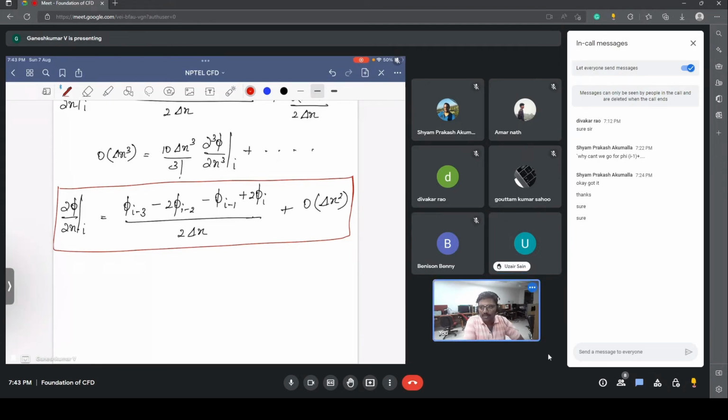Okay, so you understand the polynomial fitting method, the other one? Actually, what do you want, like higher order schemes or higher order approximation?